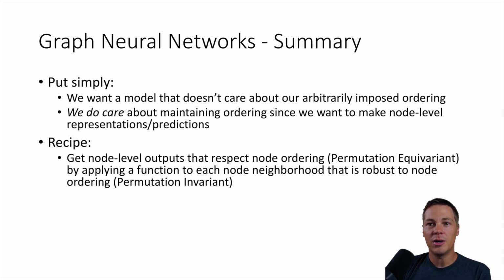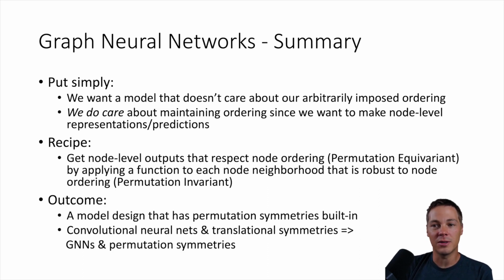So the recipe we've developed for satisfying this criteria is that we get node-level outputs that respect node ordering, which is permutation equivariant, and we get that by applying a function to each node neighborhood that's robust to the node ordering itself, so the permutation invariant piece. So that's the part that is not sensitive to ordering. So we get both by doing something for each neighborhood that's not sensitive, but by doing it in a way that maintains the ordering we have imposed, we get the best of both worlds.